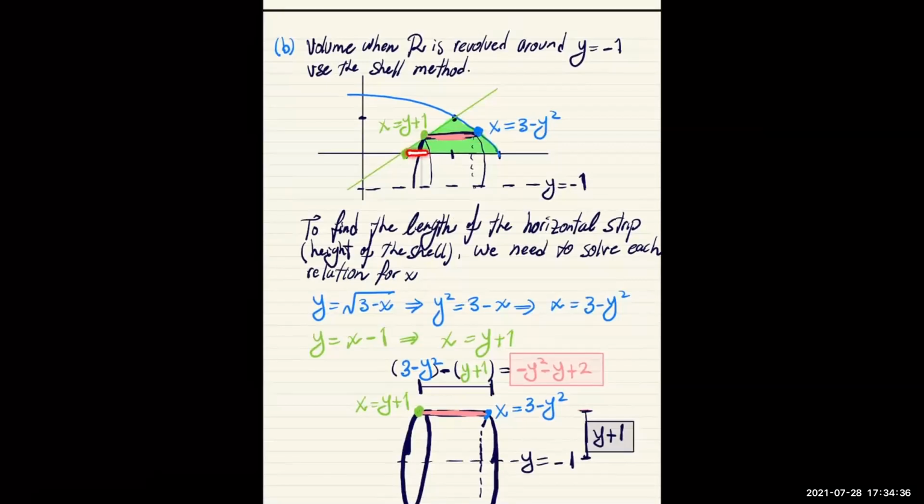These strips begin at 0, and they range all the way through wherever this point is, and that point is at 1.